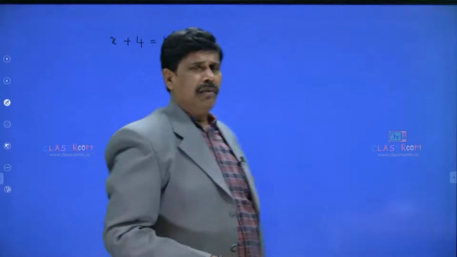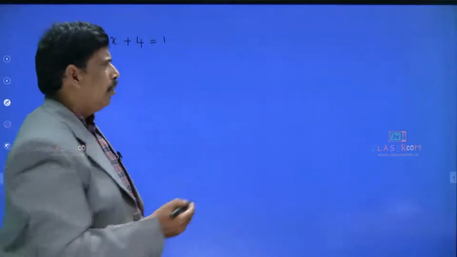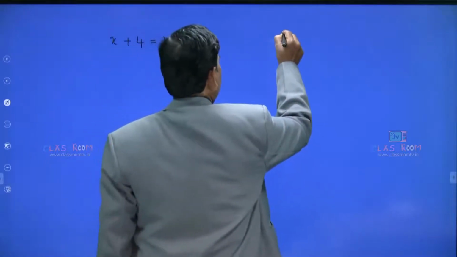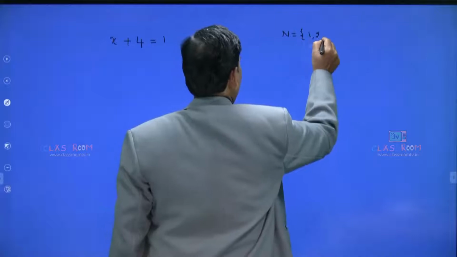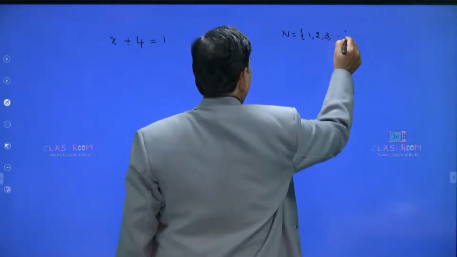Now after the natural numbers, let us see another set of numbers. Suppose one more equation is given to us: x plus 4 is equal to 1. We have the natural numbers, they are 1, 2, 3, and so on.